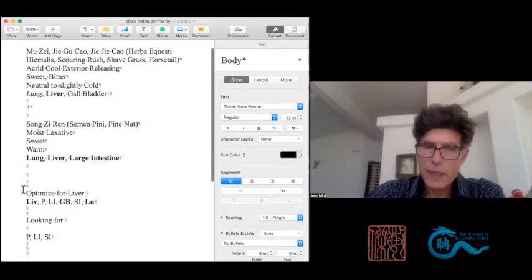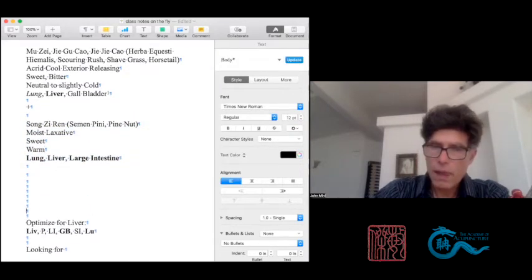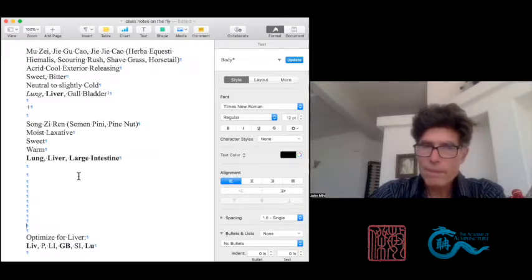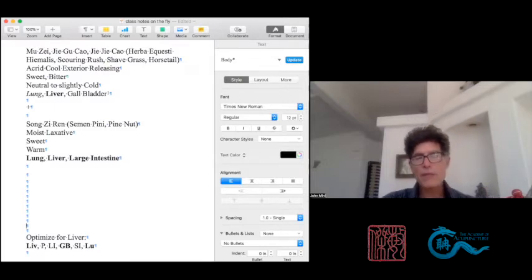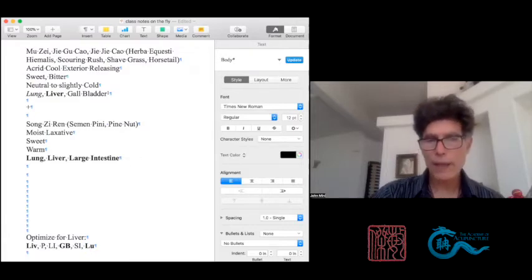When we look at where this is going, we stack the lung and the liver. We got large intestine and the gallbladder both. So let's think about another combination. Maybe something for liver congestion that's compromising the lung, leading to swelling.